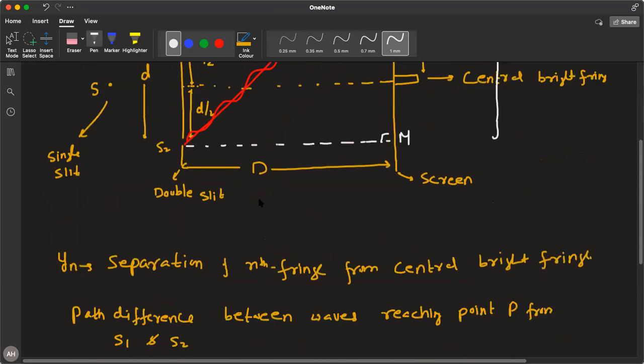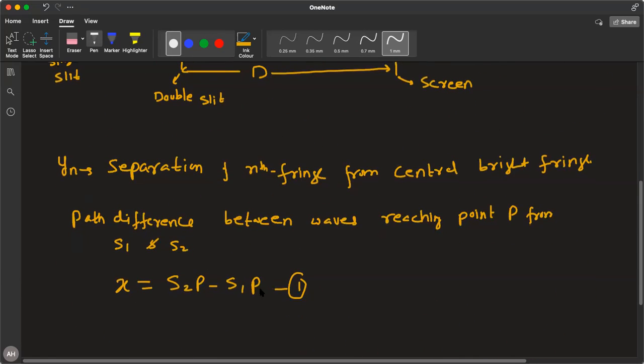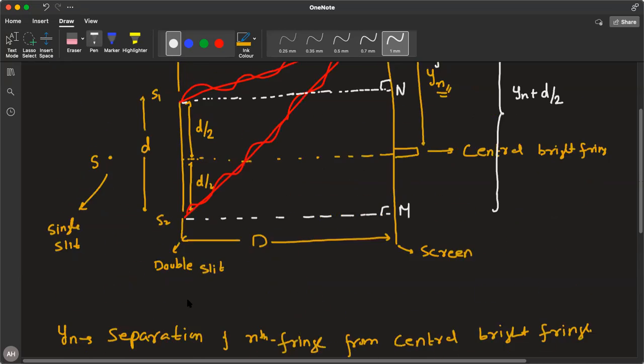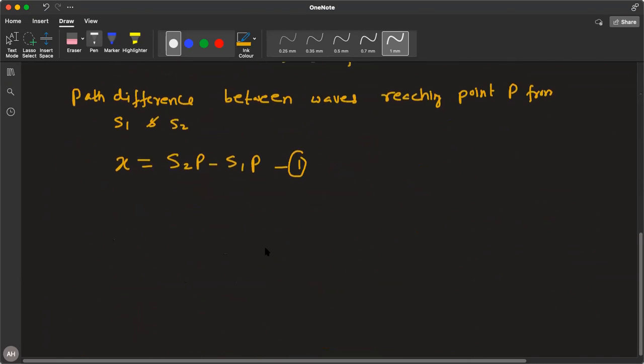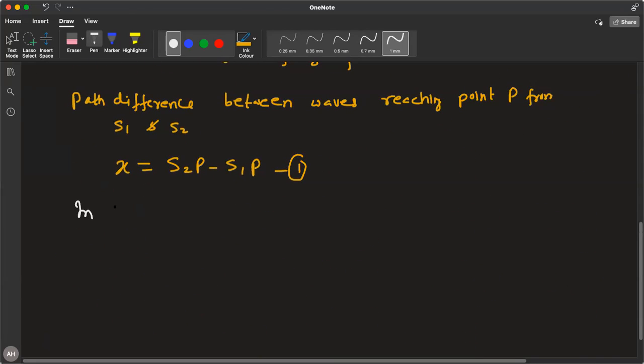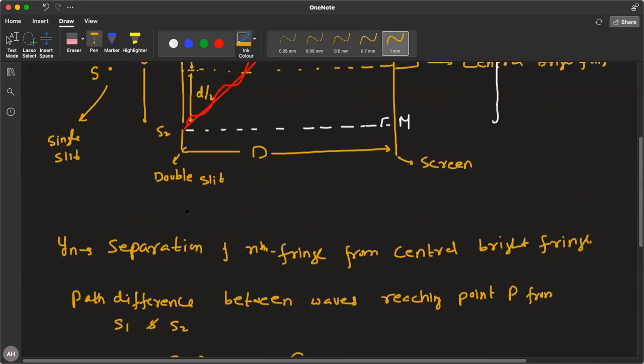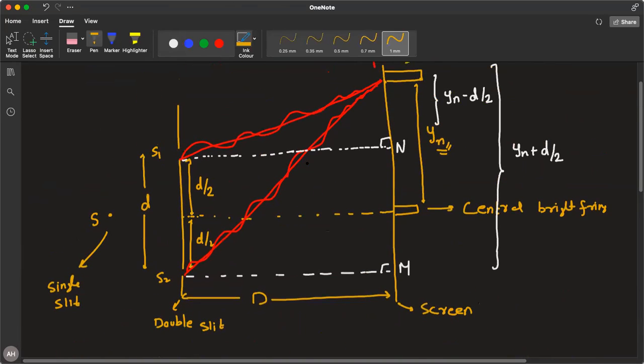Now I need this path difference x, that's S2P minus S1P. Now let's first calculate S2P. To get S2P, I will use the triangle S2MP. It's a right angle triangle. How much is S2P?